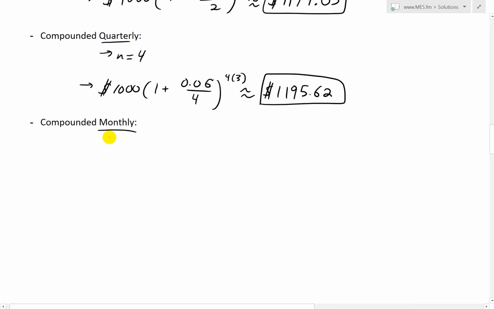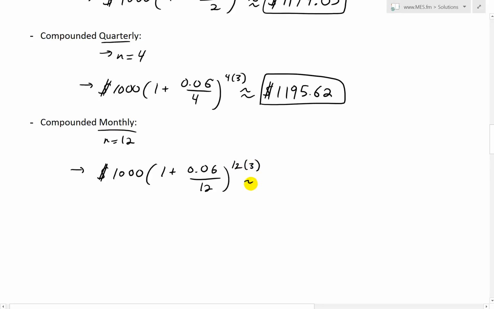Now moving forward again, let's look at monthly. There's 12 months in a year, so we're compounding it n equals 12 times per year. So now what we get is 1000 times 1 plus 0.06 over 12, to the power of 12 times 3 years. In other words, that's 36.